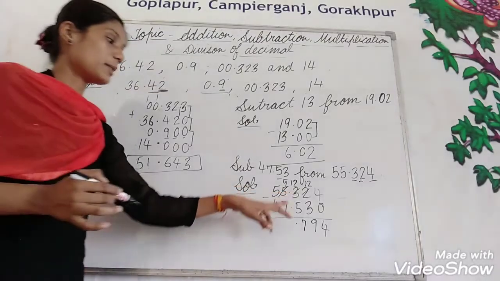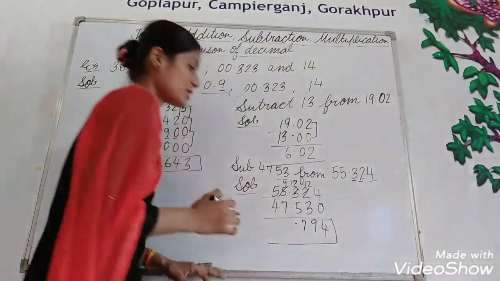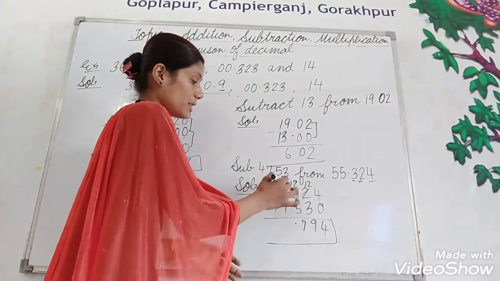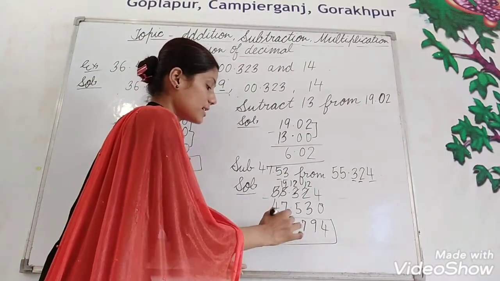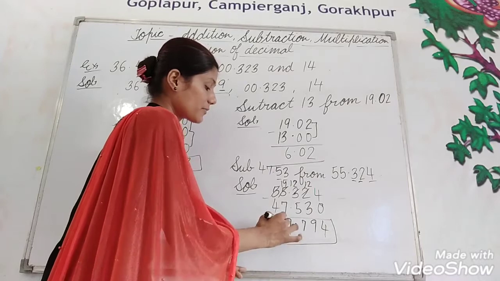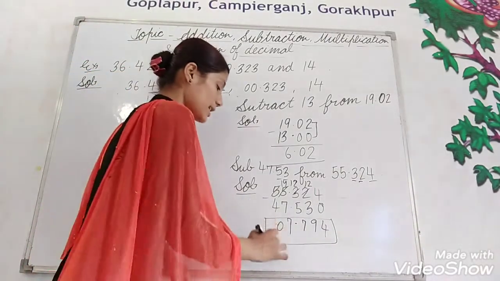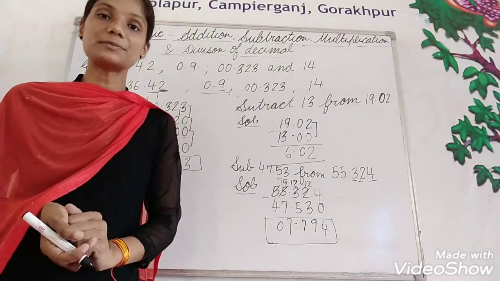After that, in the place of the decimal point, we put the point. And here 4 minus 7 is not possible, so we take a carry, 14 minus 7. The answer is 7.794. So now it is clear how to find addition and subtraction of decimal numbers.